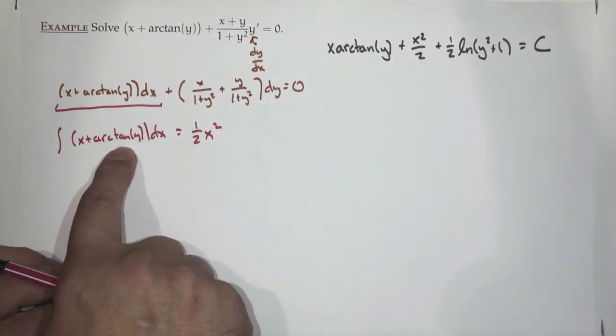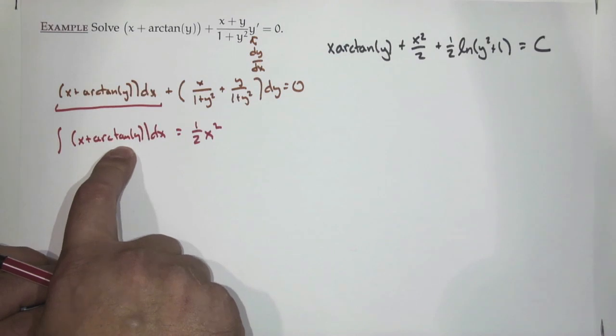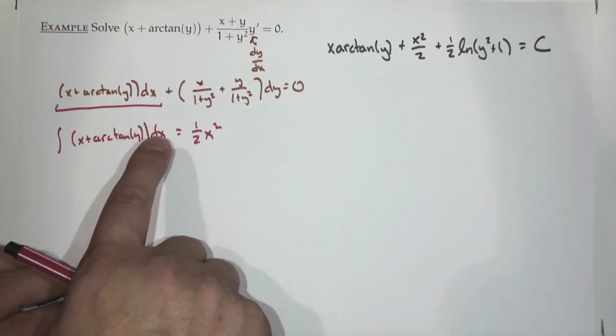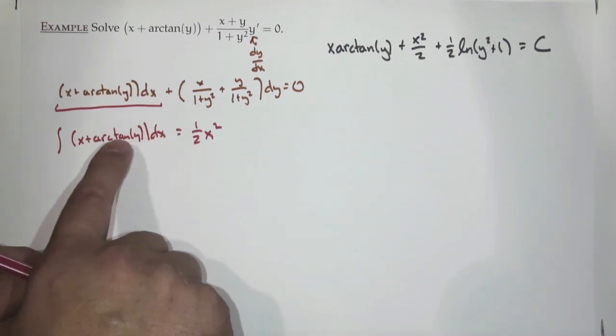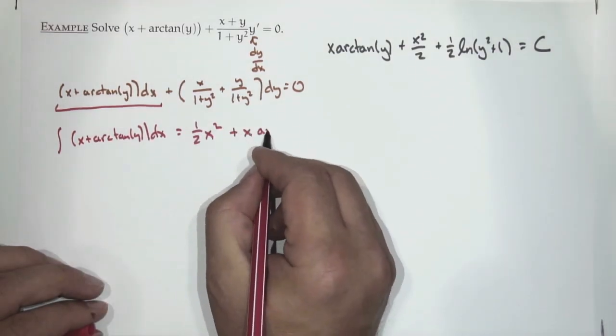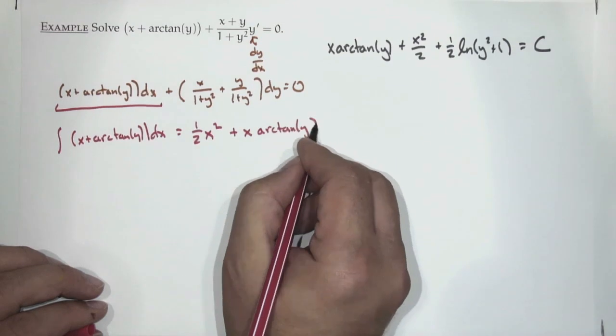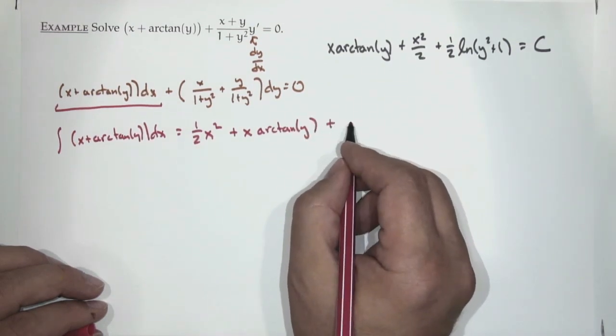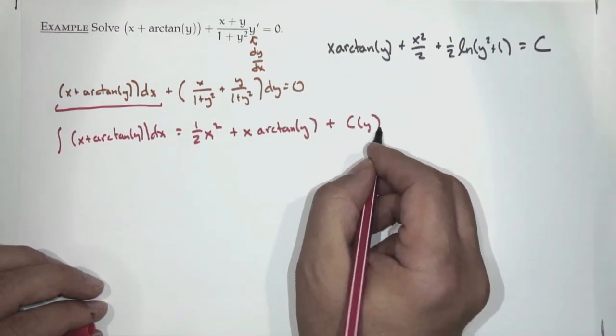How do you integrate arctangent y? It's a constant, because we're integrating with respect to x. Oh, that makes life so much nicer. Woo! Phew, dodged a bullet there. Okay, plus some constant function which depends on y.